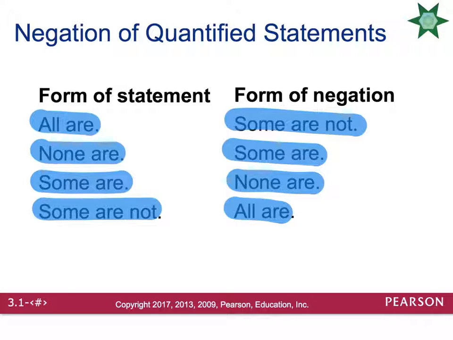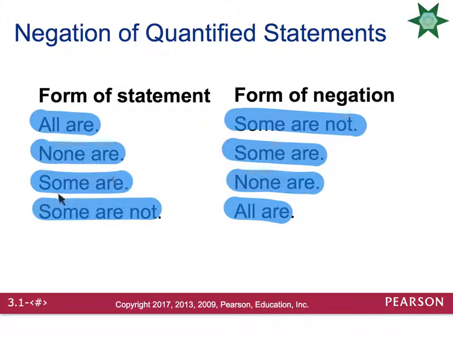So think about, if this statement is true, what makes it false. If we say all cats are brown, we can say, well, no, because some cats are not brown. We don't have to say all cats are green. We just have to say some are not brown. If we say no cats are brown, to negate that, we could just say, well, no, there are some brown cats. So that's not true.